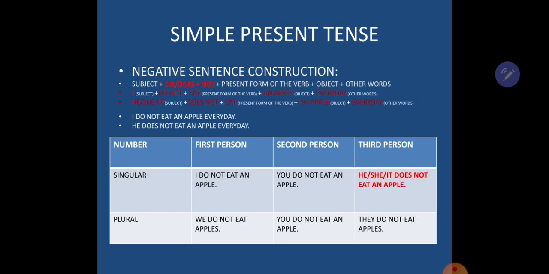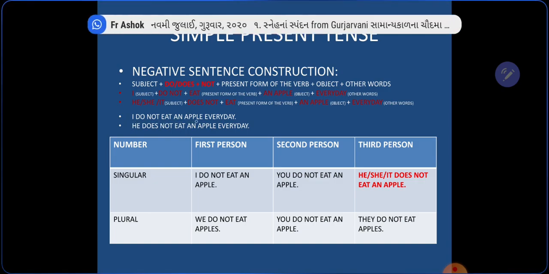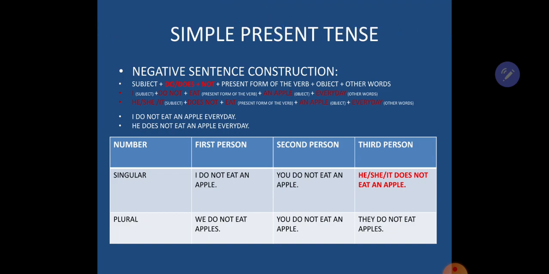Now, negative sentence construction. Subject plus do or does plus not plus present form of the verb plus object and other words. First example is I do not eat an apple every day. So we use the form of do, that means do or does, to make the negative in simple present tense.